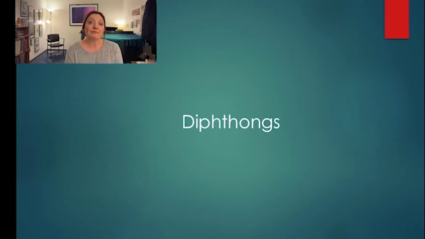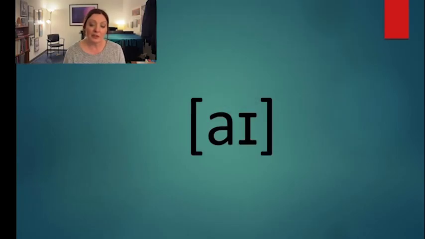Okay. So when we were talking about A and O, I said those sounds don't exist in English without a diphthong attached. So now we get symbols for diphthongs. There's five that we're going to talk about in English. And the first one is I: hi, why, all of that.